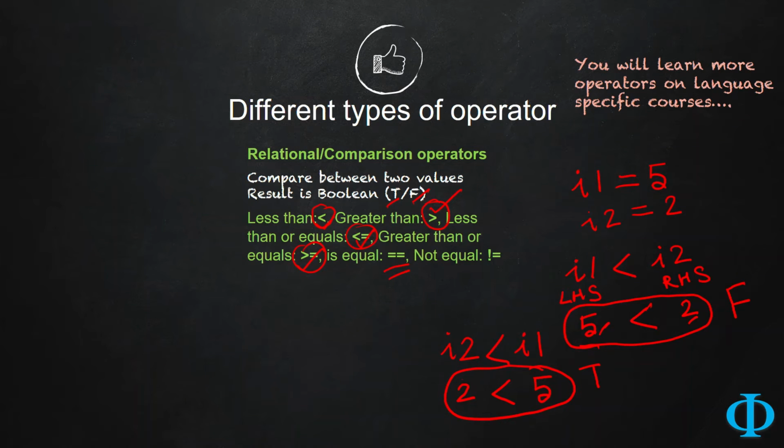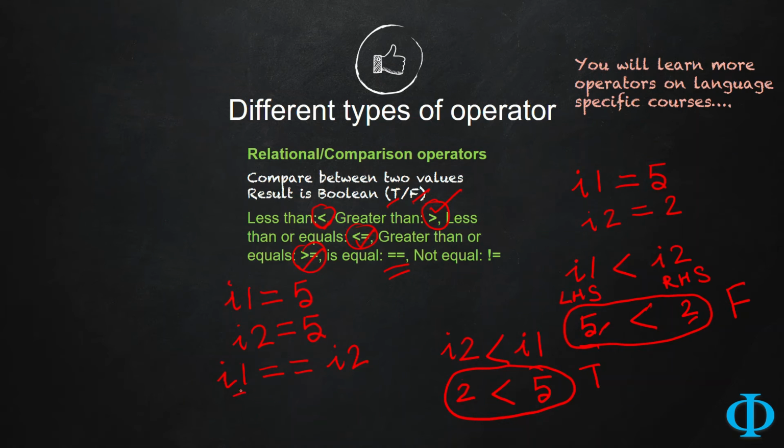What does that mean? For example, let's say I have I1 equals 5 and I2 equals also 5. And now if I do I1 equals equals I2, what will it do?